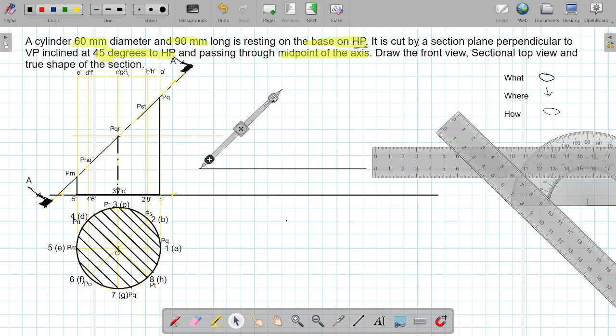So I'm starting from this point and I will cut the arc here, and I will cut the arc here. So this becomes point PM and this becomes point PQ. So I will name it. This is point PM.